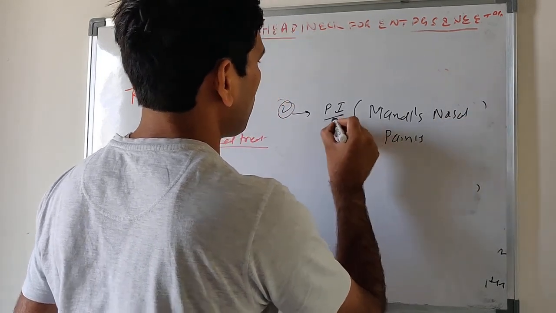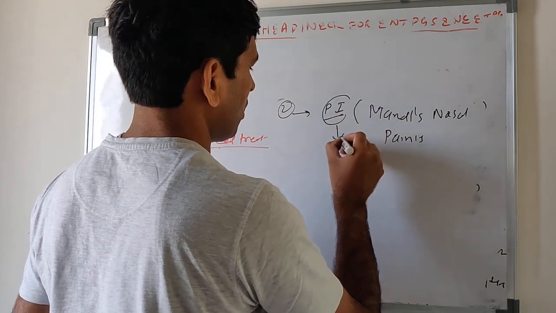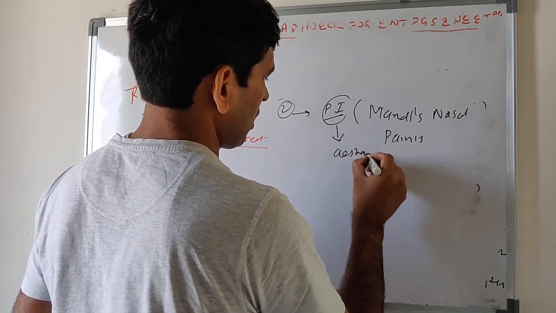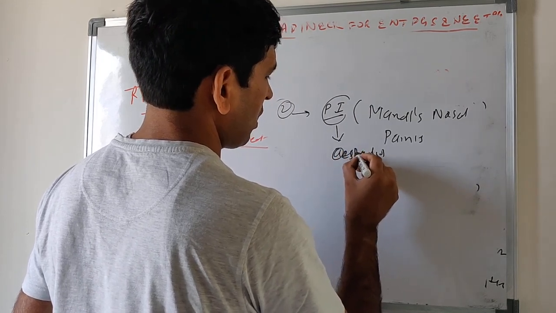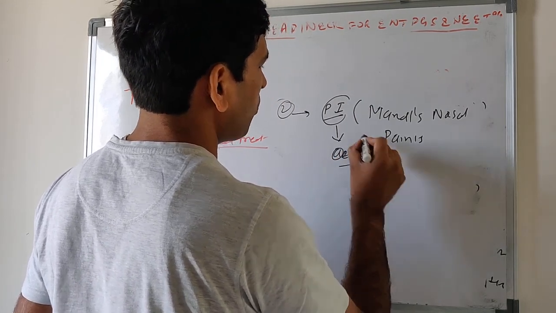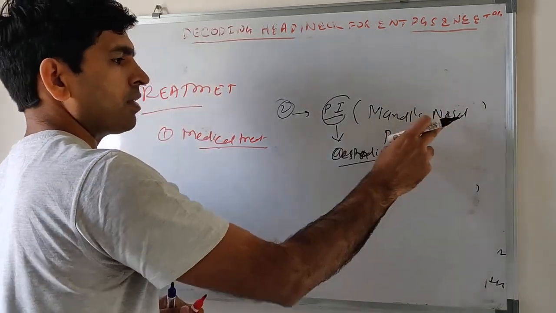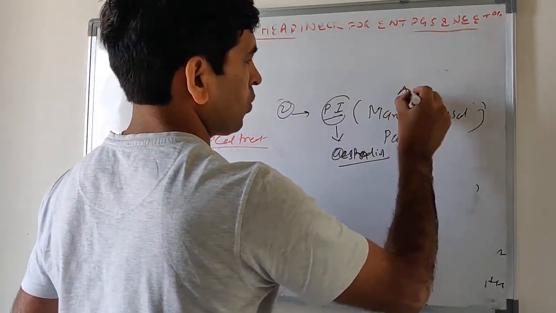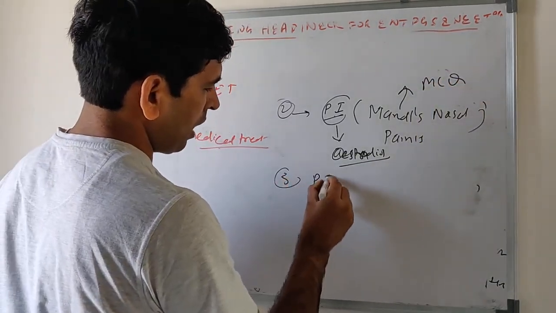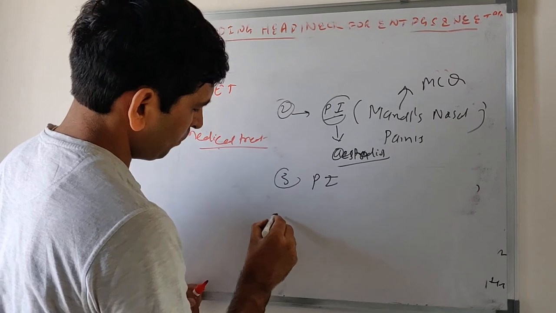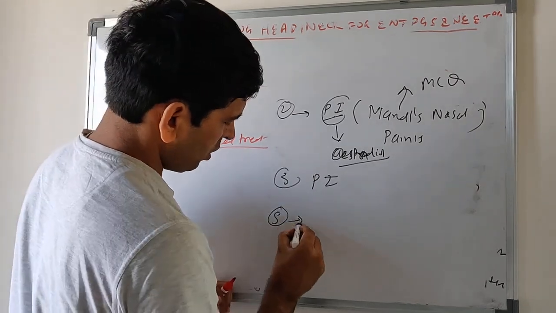This has sodium iodide or estradiol. Estradiol plus potassium iodide make Mandl's nasal paint. MCQ. You may use potassium iodide plain.